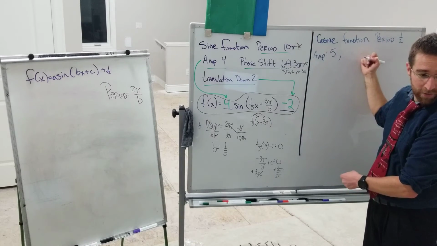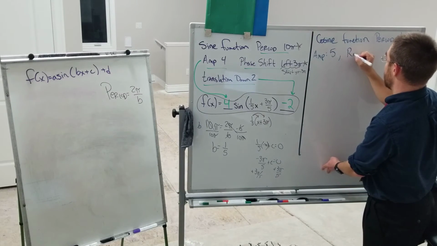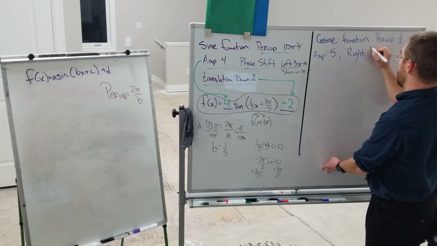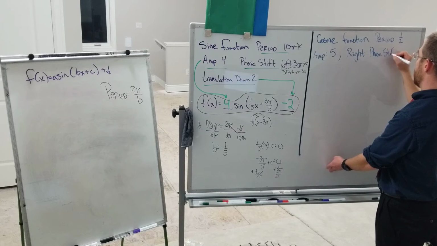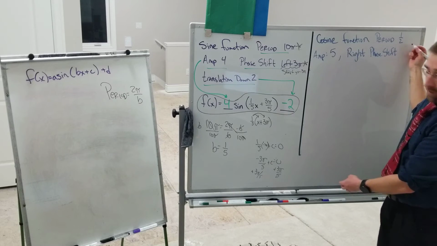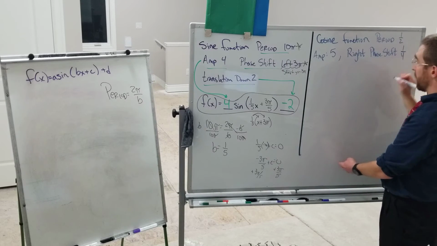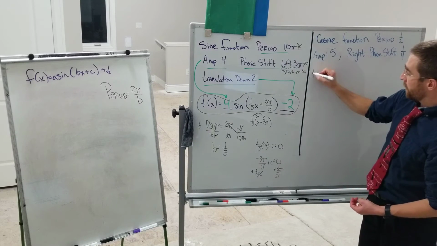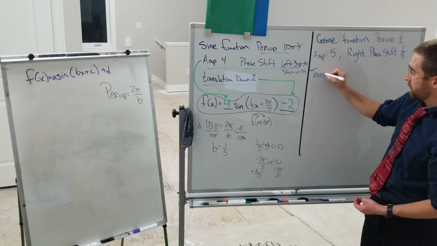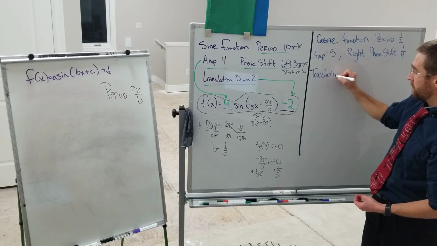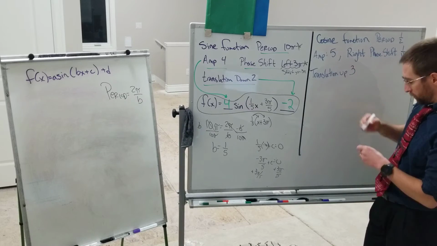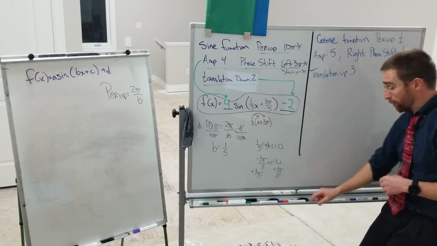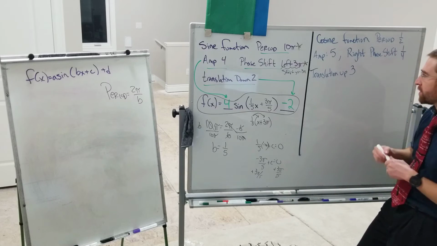We have a right phase shift of 1/4, so it went 1/4 to the right, and we have a translation up 3. All right, so these are our 4 pieces of information, our 4 transformations that we have.